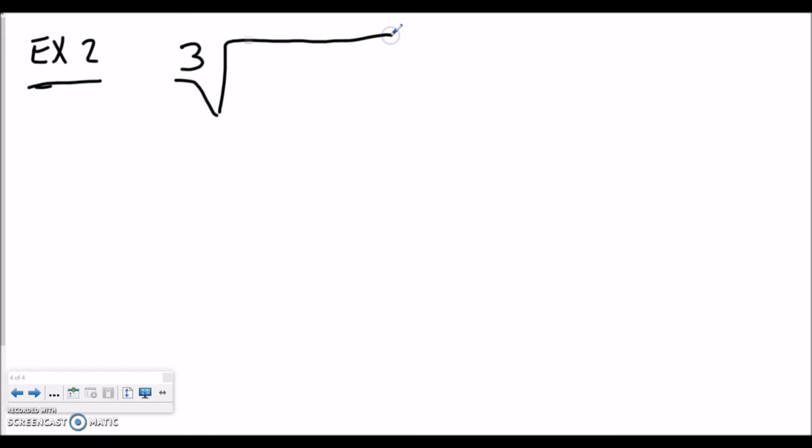Let's try another one, similar, example number 2. This time we're going to talk about a cubed root. We're going to do cubed root of 5x plus 2 equals negative 2. You're thinking back to example 1 and saying, well, last time we squared both sides to get rid of the square root.